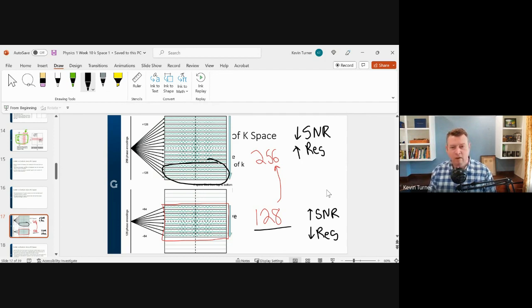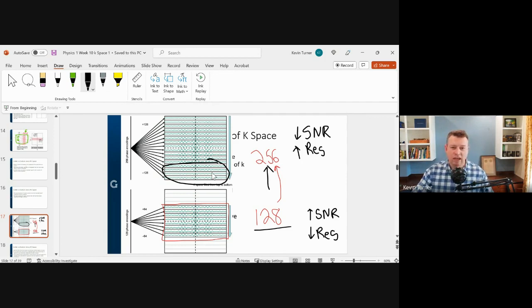This is what's happening when you're changing your phase matrix. You're adding more and more echoes. When I take my phase matrix up, I add more echoes to the outside of K-space, which is going to increase my resolution because the outside of K-space is what I use for resolution. But I'm making weaker echoes. So my total SNR is going to go down.